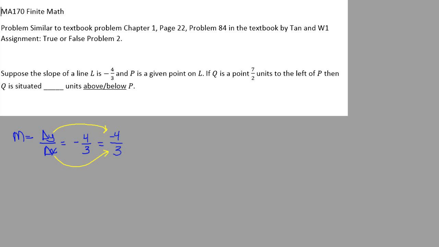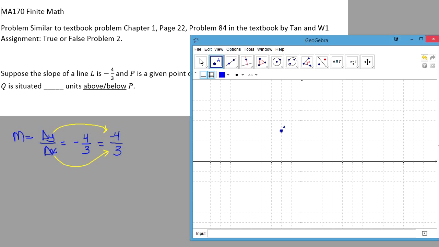As we go back to our graphing program, that's going to be useful because what's delta y? Delta y is change in y. And remember, the y direction is up and down, with positive going up and negative going down. So my next point on this line is going to be 4 units down, 1, 2, 3, 4. But then I also have to take into account delta x, which is a positive 3.